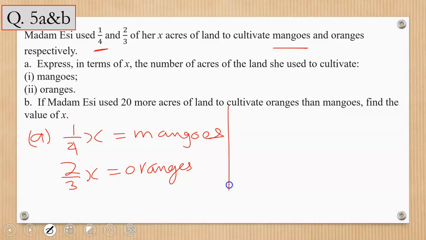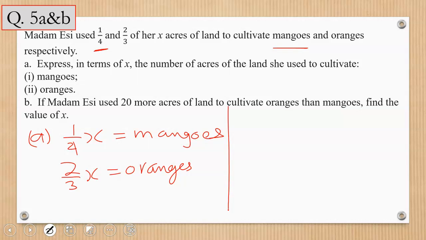Now the B part says that if Madam AC used 20 more acres of land to cultivate the oranges than mangoes, find the value of X. That means we have more acres of orange than mangoes.